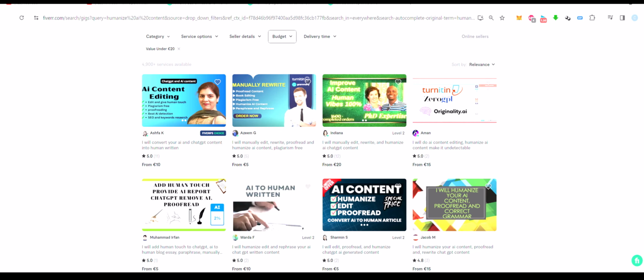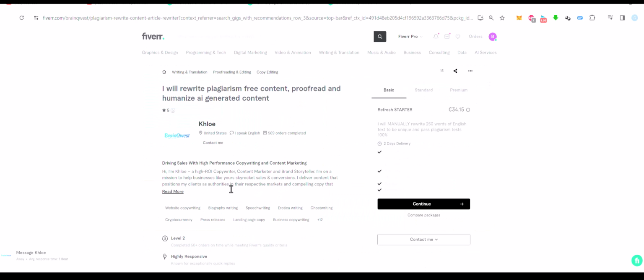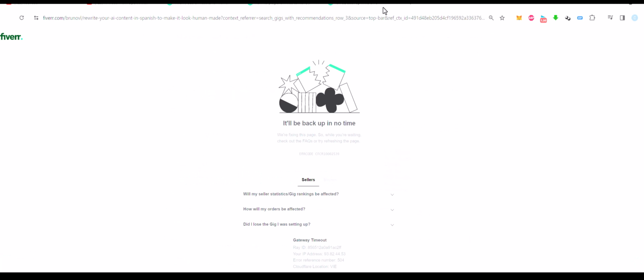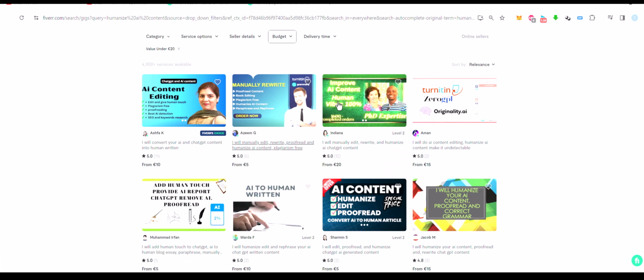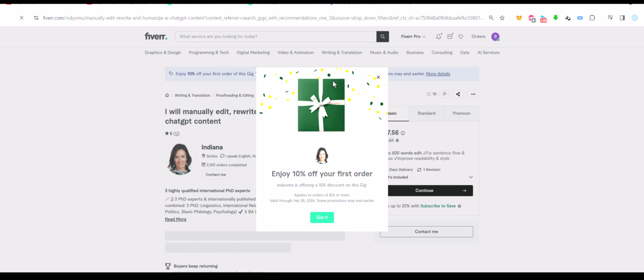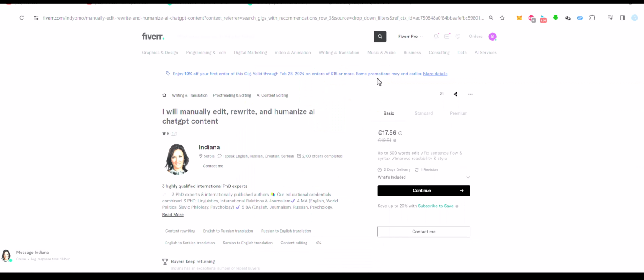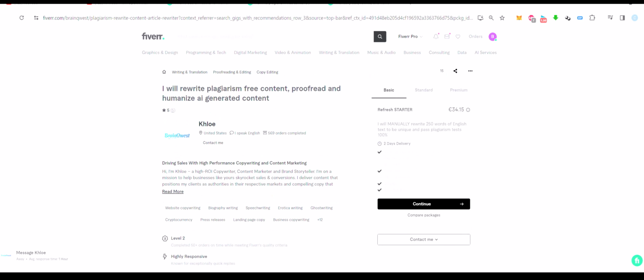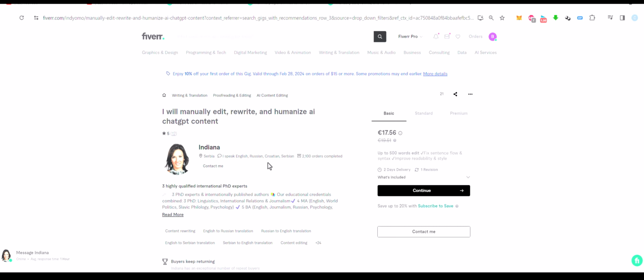So also maybe when you communicate with your freelancer, tell them that it's all about the tone, right? Tell them that it's about making it sound natural, that the text should flow naturally. It is not so much about passing an AI detector, but you want to have a good flowing text.